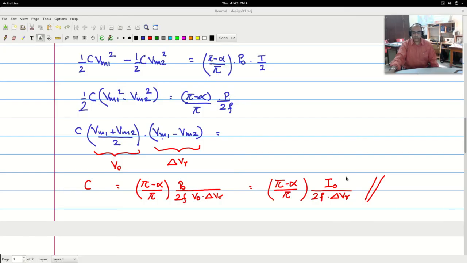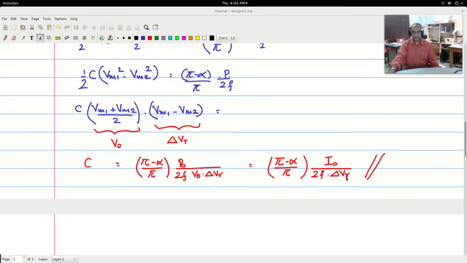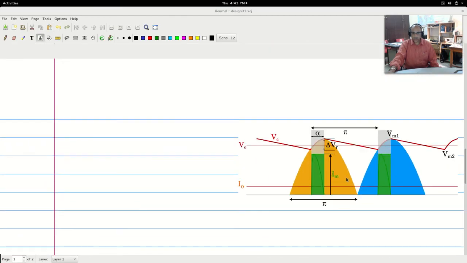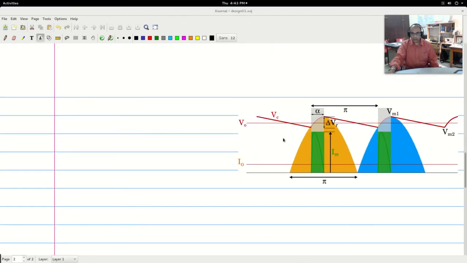Let us now calculate the RMS current that is flowing through the capacitance, because that is one parameter we need to calculate, as it will indirectly affect the heating of the capacitor. To do that, let me go back again to this conduction period, that is when the current is flowing.